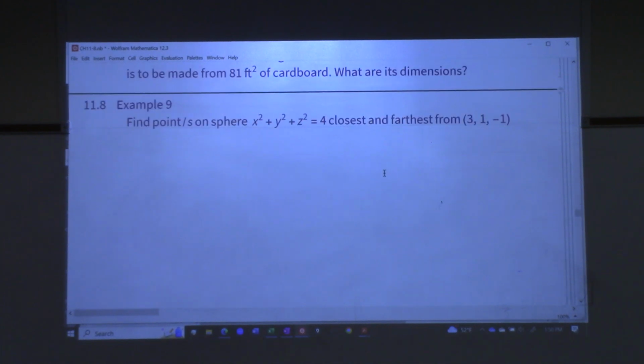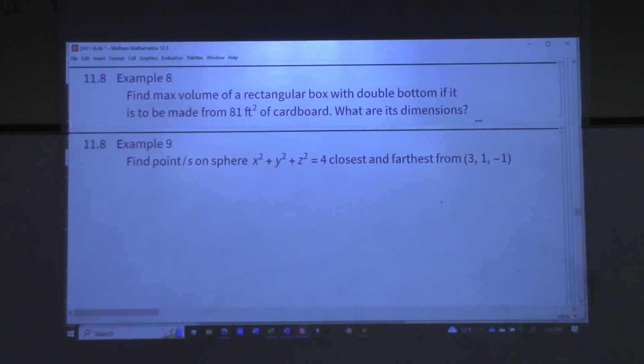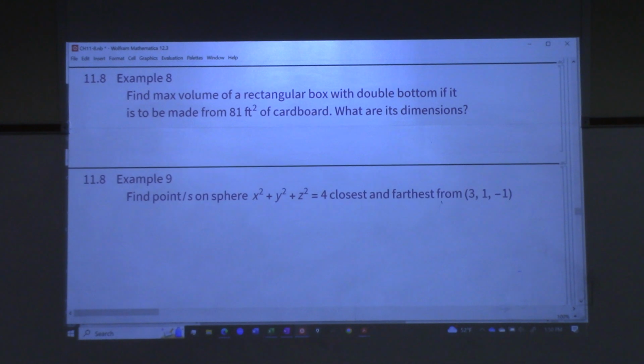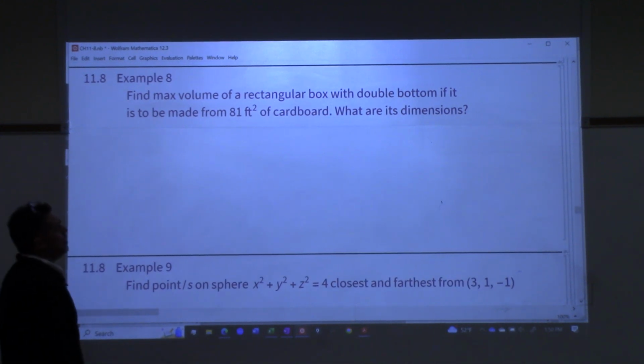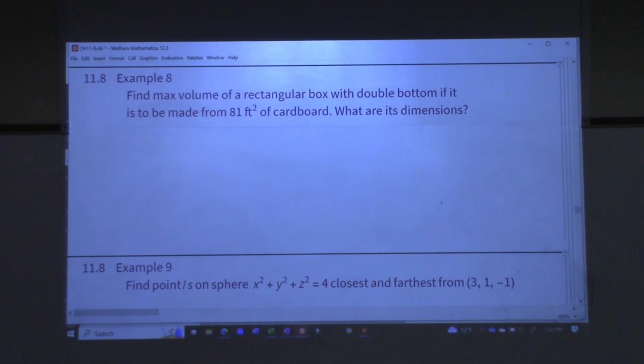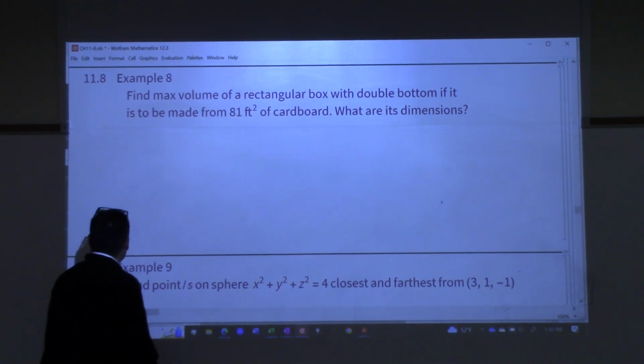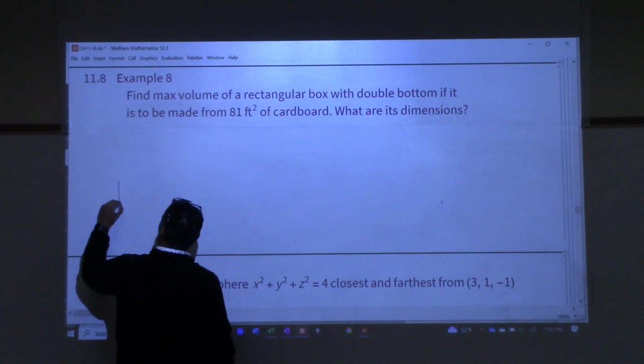Okay, look at example 8. We're not going to do example 8, we're just going to talk about it. Find the maximum volume of a rectangular box with a double bottom if it is made from 81 square feet of cardboard. That's the exact same problem, but instead of, let me draw the box. We have a box.